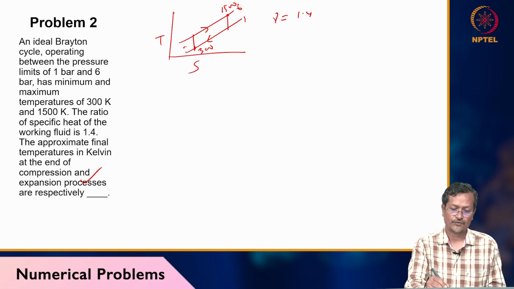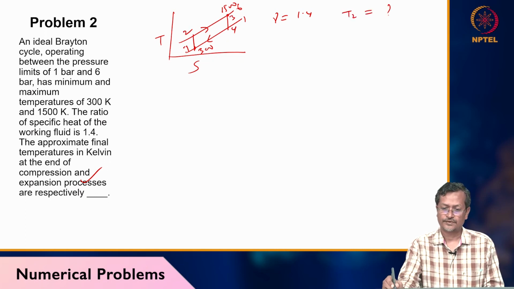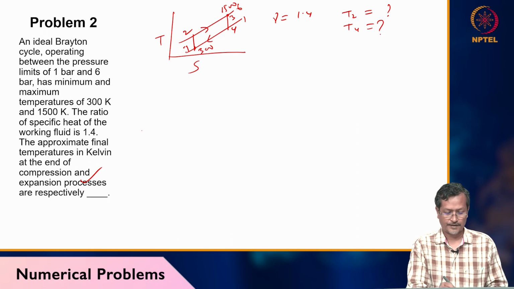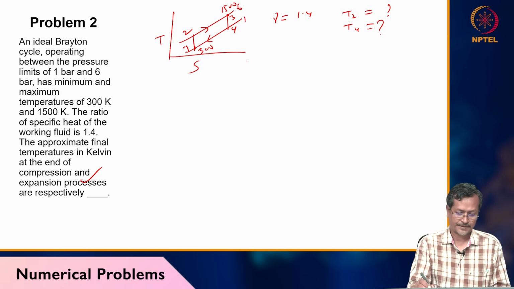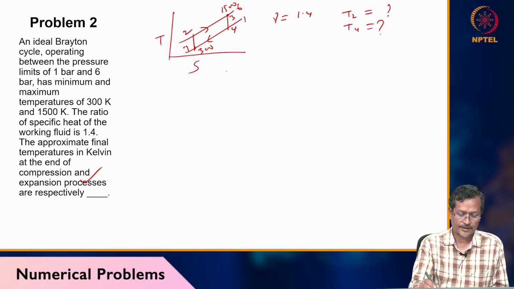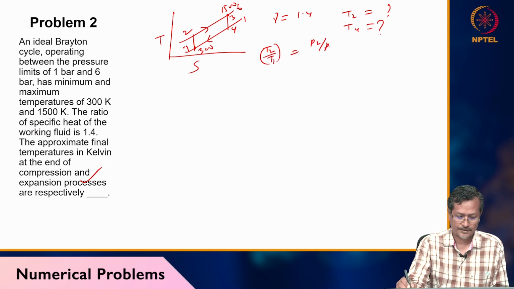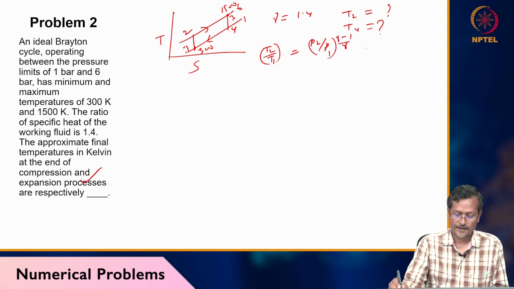So T1, 2, 3, 4. We have to find T2 after compression, and T4 after expansion. The work is actually very simple. Here Cp by Cv is given. If I apply the adiabatic condition, T2 by T1 equals P2 by P1 to the power gamma minus 1 by gamma.